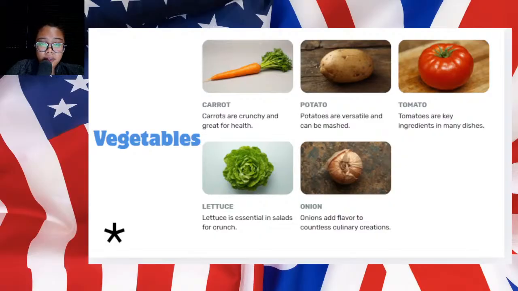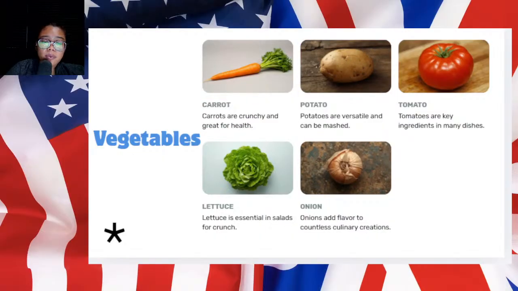In the kitchen, carrots are very flexible, so you can eat them raw as a snack, chop them up into small pieces for a salad, or cook them in a soup until they become soft. When we talk about carrots, we associate it with words like root, peel, crunchy, and vitamins. Okay, that is carrot. Next is potato.